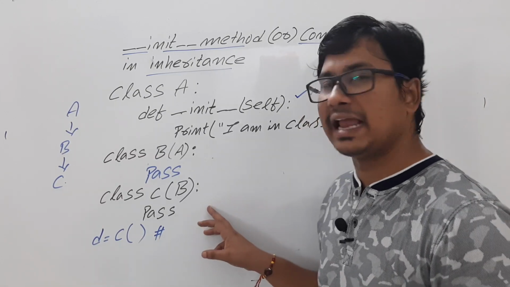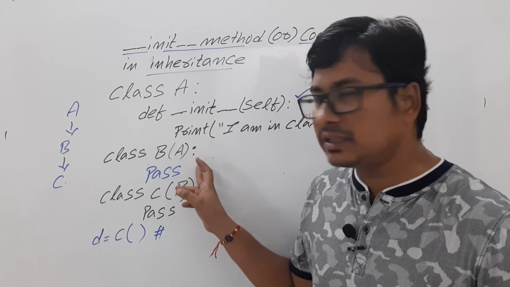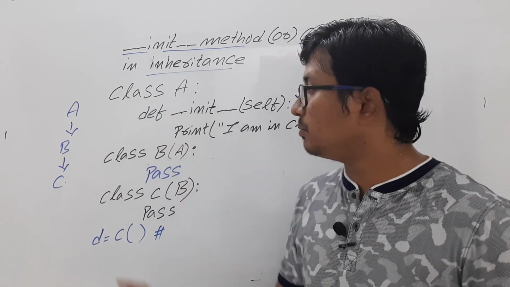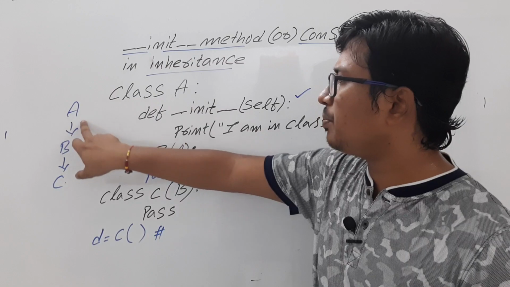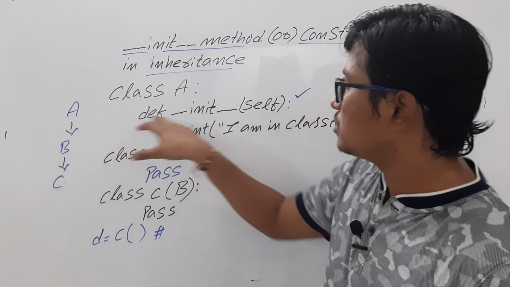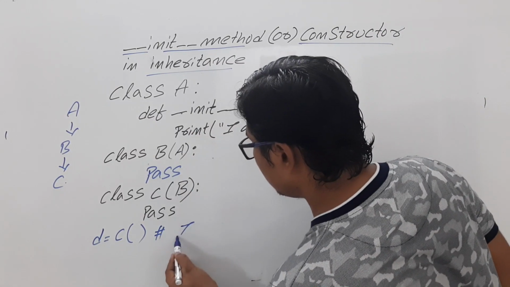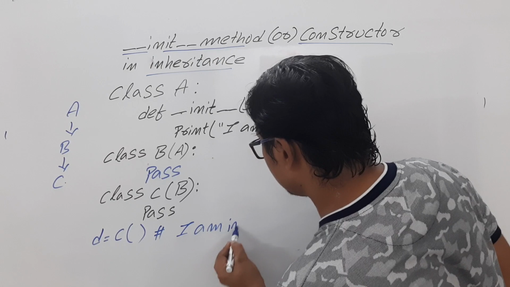But class C does not have the init method, and class B also does not have the init method. Class A has the init method. I told you earlier that class C will get the properties of both class A and class B. So this init method will be invoked, and you will get the output I am in class A.